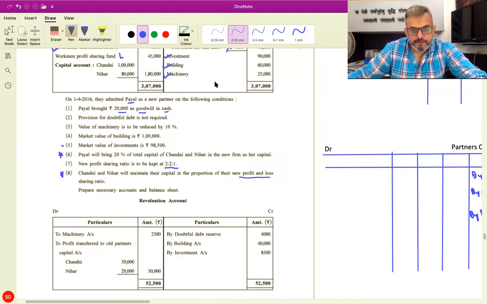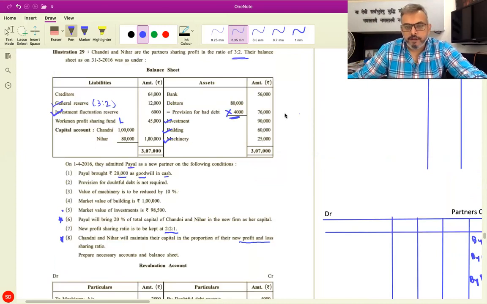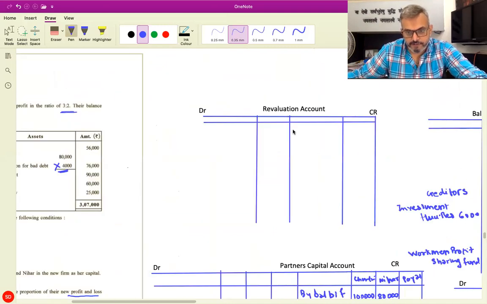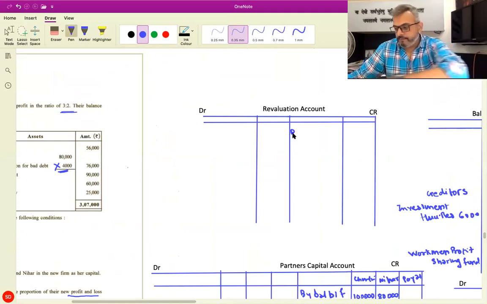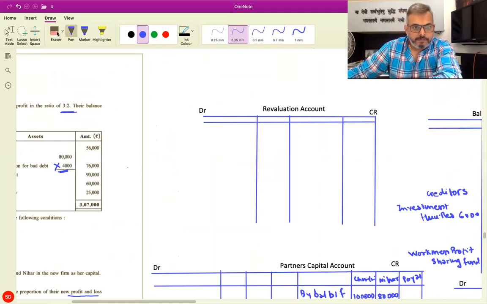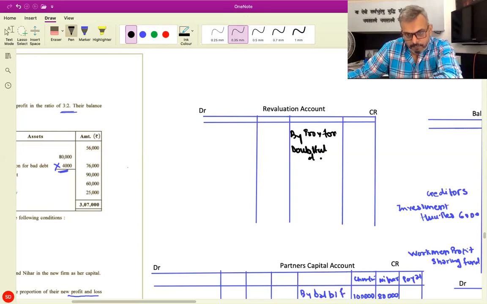Provision for doubtful debt is not required. So we don't need this 4,000 provision. So in revaluation account, we reverse it by bad debt reserve. Or you can also write by provision for doubtful debts. Amount is 4,000.